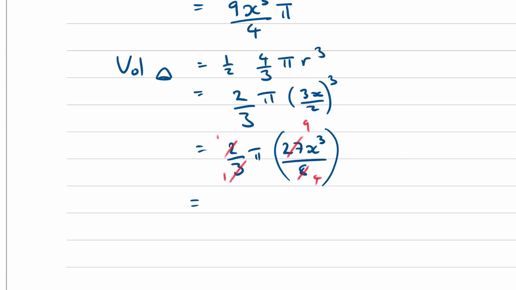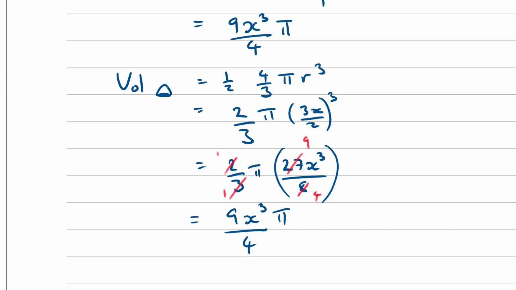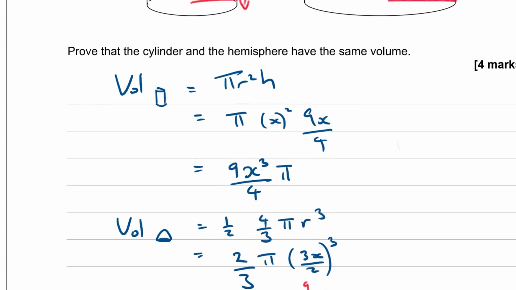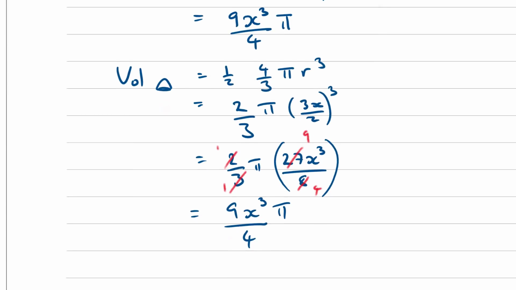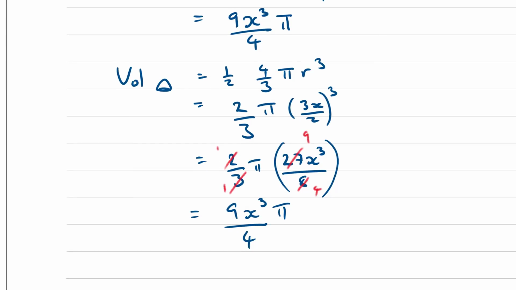So that leaves me with 9x cubed over 4 pi, which is the same result I got for the cylinder. So I seem to have proved then that they are of equal volume. So cylinder and hemisphere are equal.